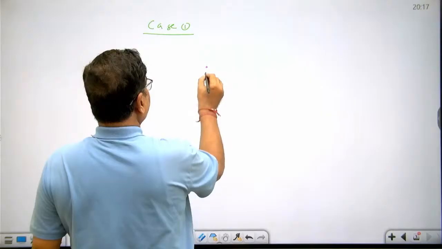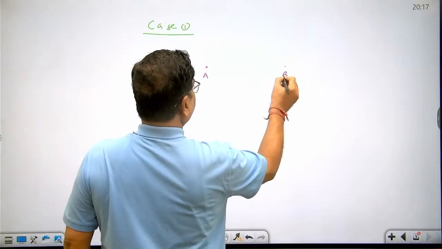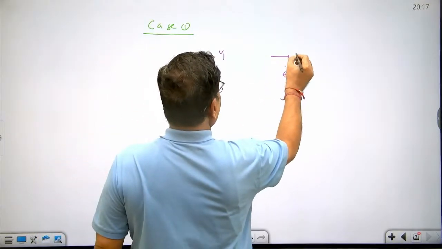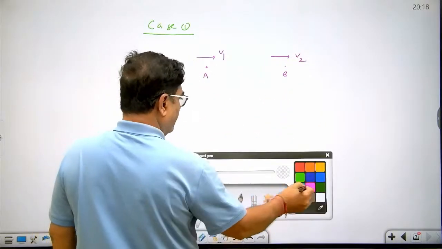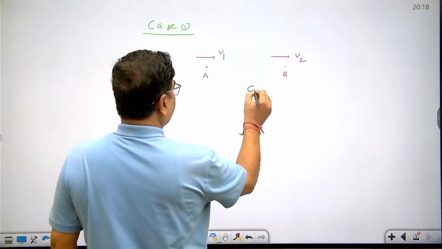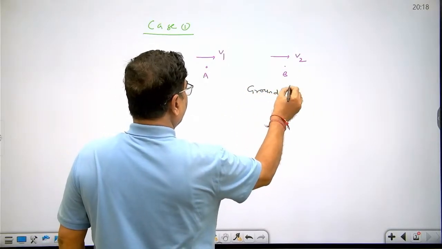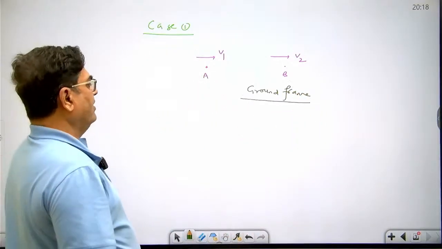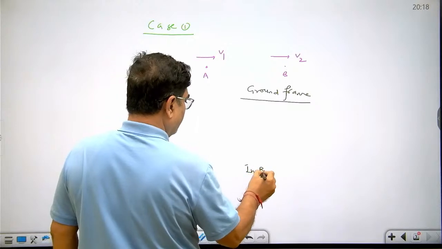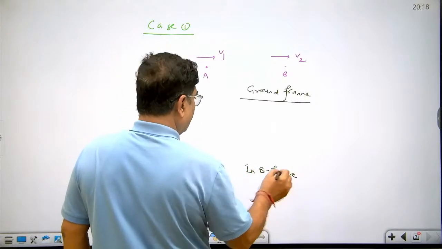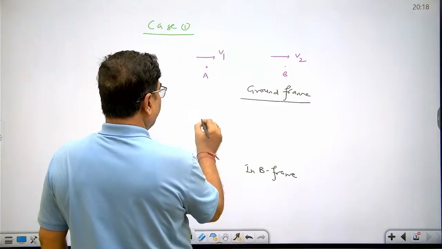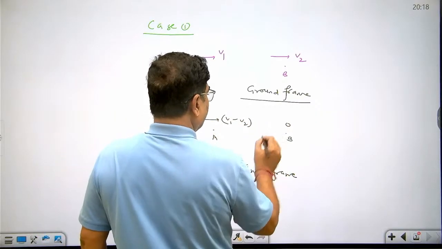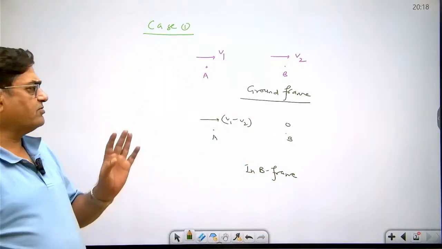If this is object A and this is another object B, if object A in the ground frame is moving with velocity v1 and object B in the ground frame is moving with velocity v2, then in the frame of B, the relative velocity of A with respect to B will become V1 minus V2. This becomes 0. So dear student, how did this come?